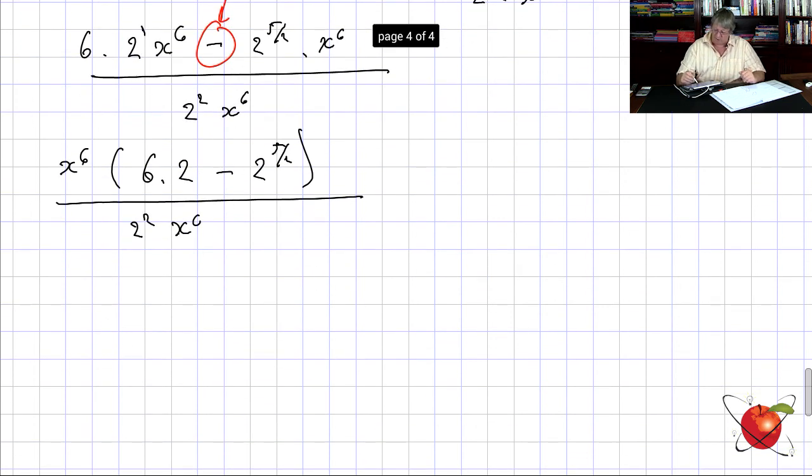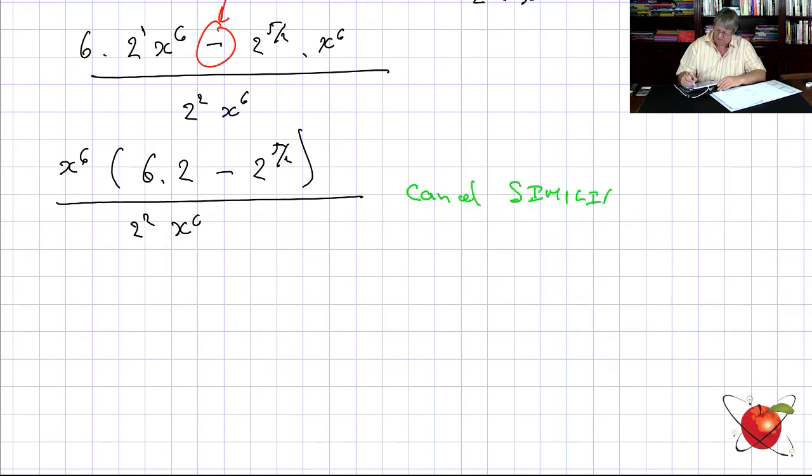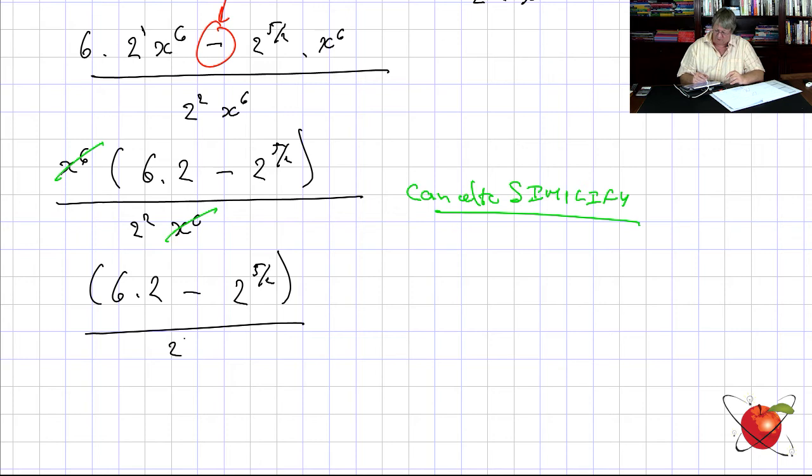Right? That's what we do. Here we are going to cancel and simplify. Cancel out to simplify. The x to the 6 cancels. Right? So that's what we've got. We've got 6 times 2 minus 2 to the power of 5 over 2 all over 2 squared.